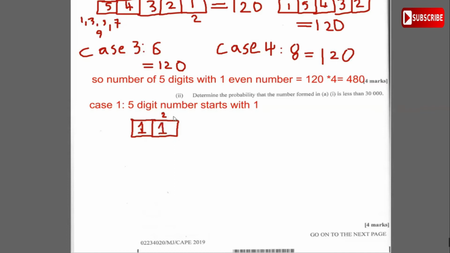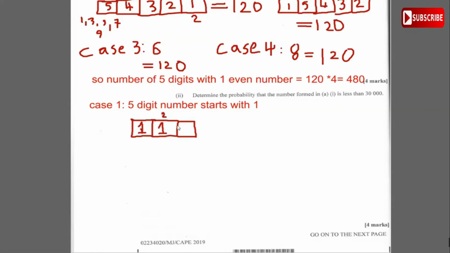So that means we can't choose 2 again, and we can't choose 4, 6, or 8. Remember, the number 1 is taken out already. We're choosing the even number 2, and so we can't use 4, 6, or 8. So those are 5 numbers gone.